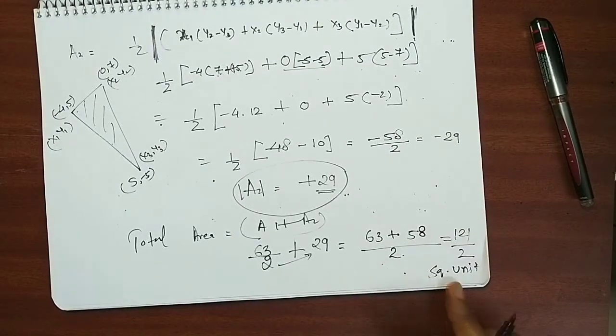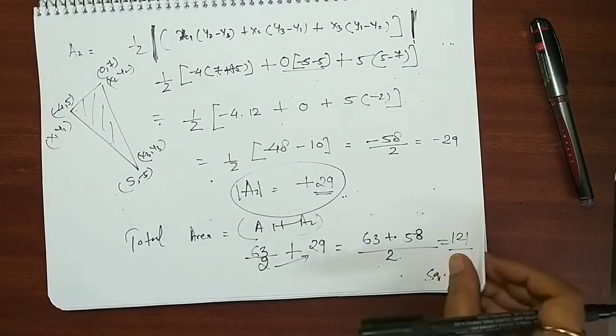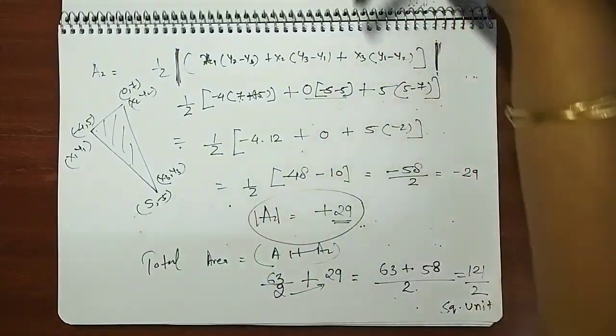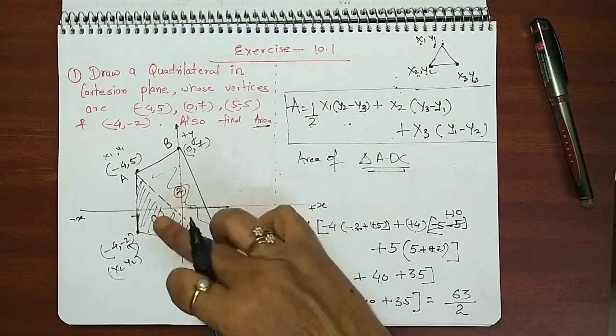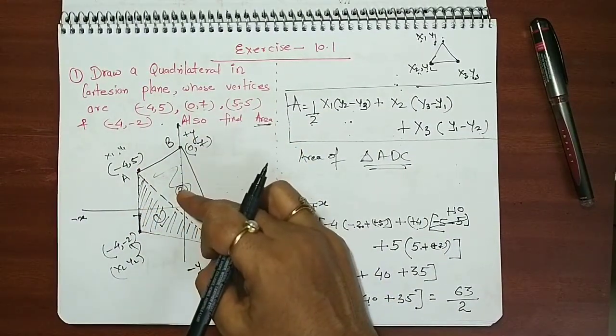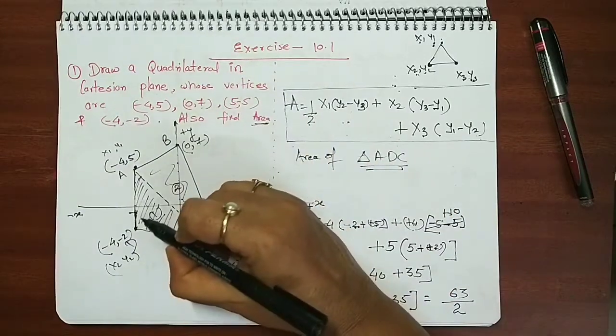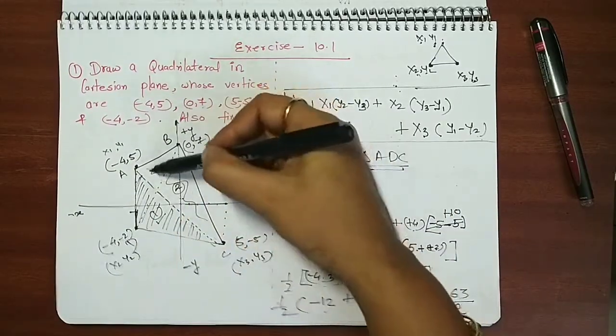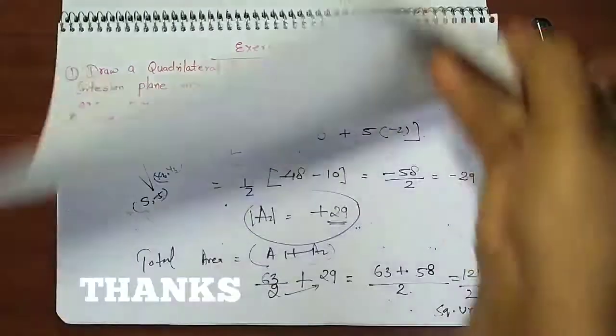I hope you understood. It was a little lengthy but easy. The trick was that I broke it into two triangles, did this side separately, this side separately, and then added them. You can divide it into these two triangles and add them this way also. Even that should be fine.